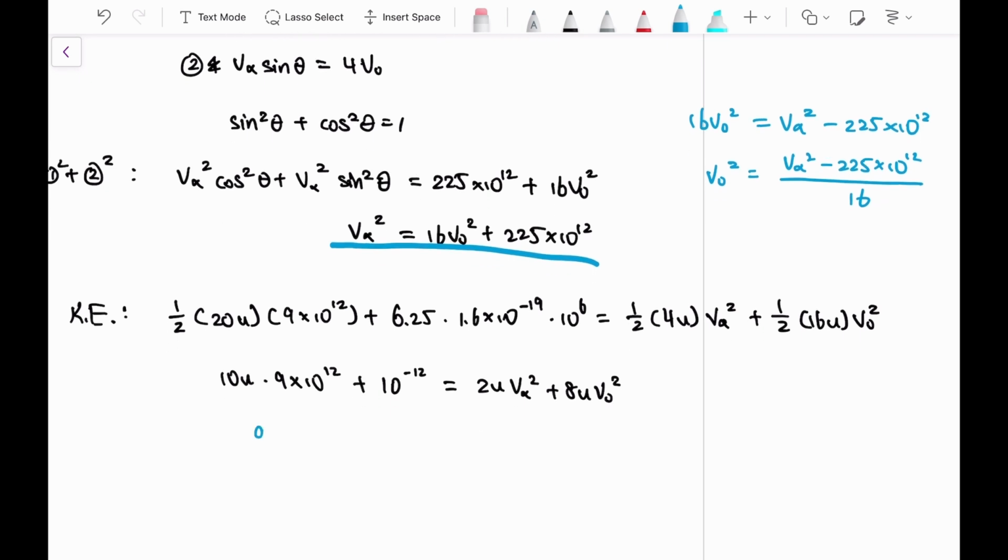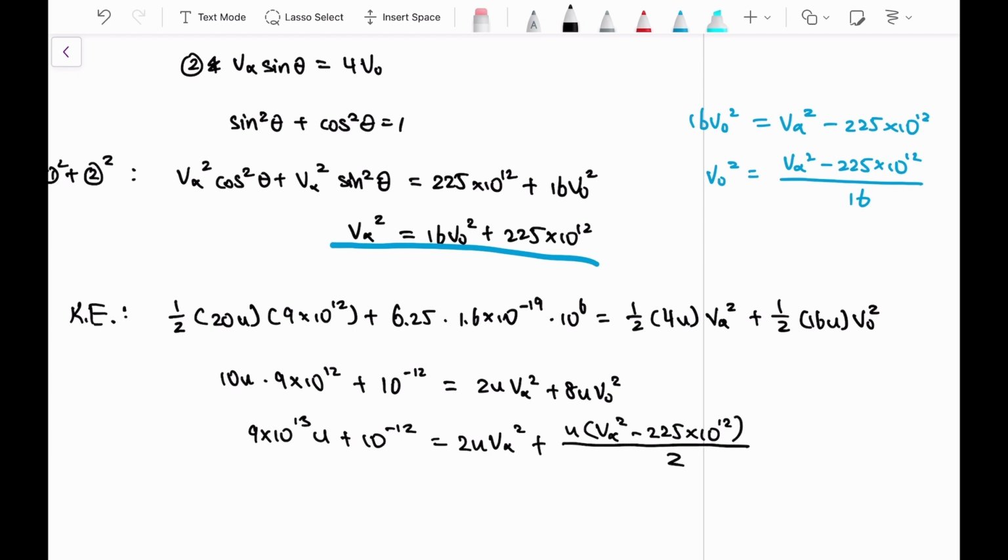So this can be further simplified into 9 times 10 to the 13 u plus 10 to the power of negative 12 is equal to 2u V alpha squared plus, 8 cancels out with the 16, so what's left will be this over 2.